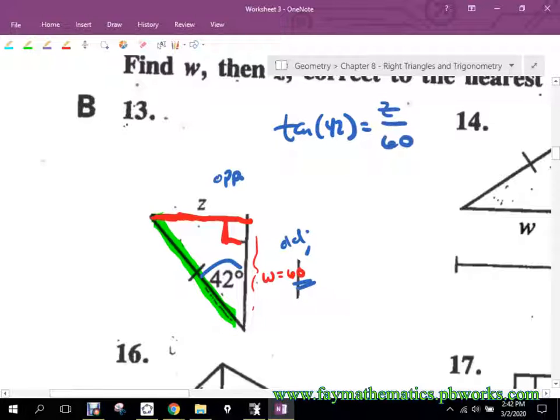How would you solve for Z then? Multiply by 60. Is that what you're going to say? So 60 tangent 42 would be Z. And that should then give me that red segment.